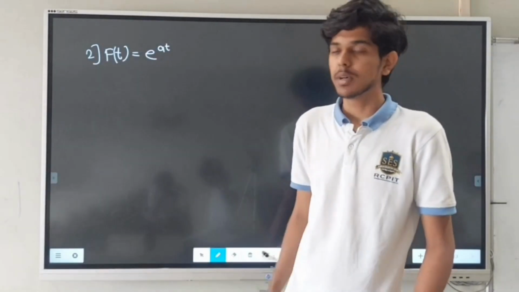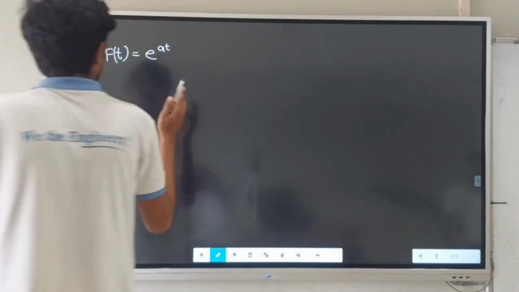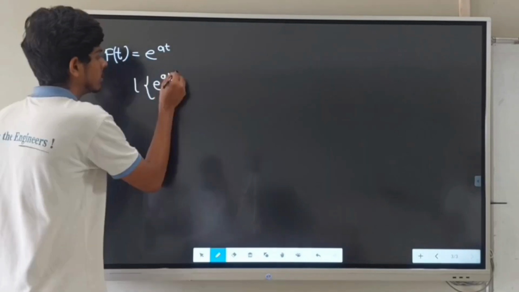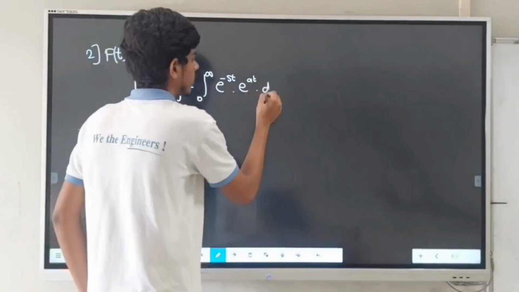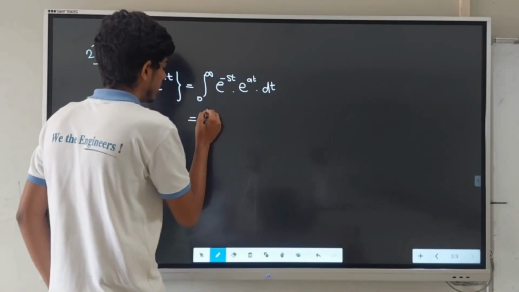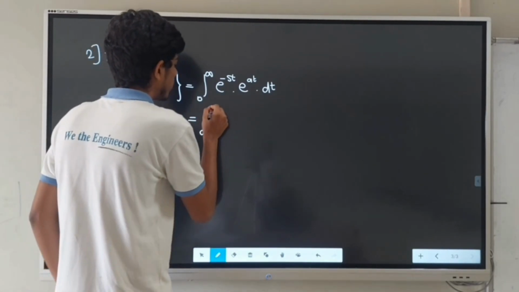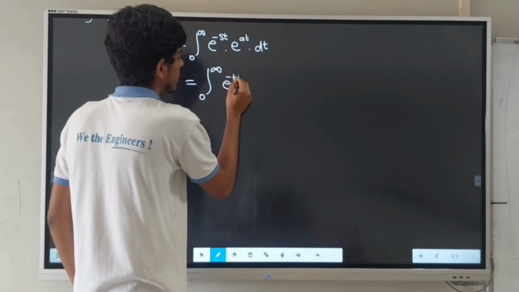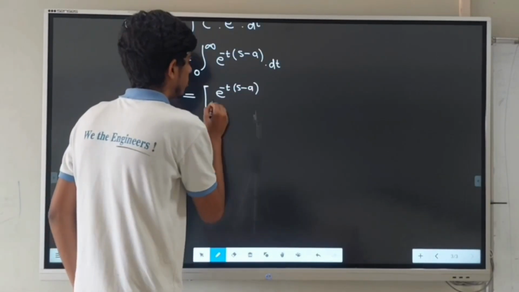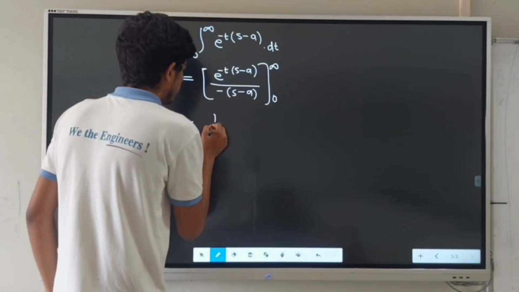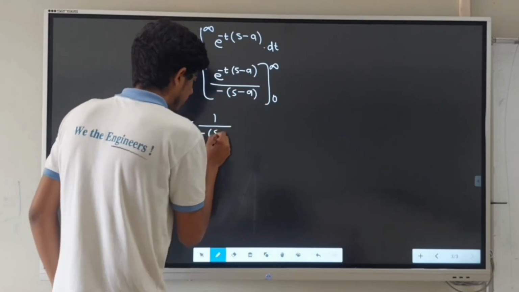And another example, here a function is given as e raised to at. After this, we know the rule of indices. According to the rule of indices, 1 upon minus of s minus a.